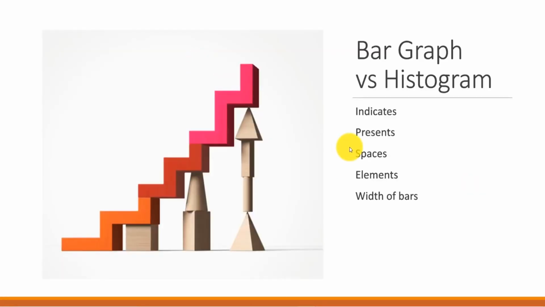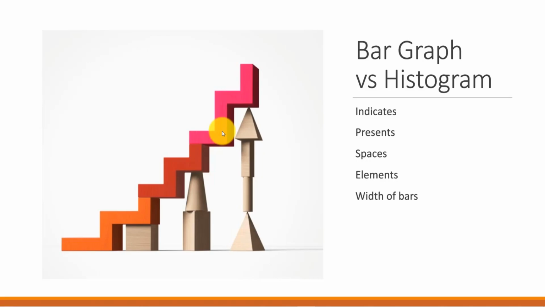So now we will discuss some differences between a bar graph and a histogram on the following basis. Firstly, we will discuss the histogram. After that, I will compare it with the bar graph. On the basis of what it indicates, a histogram shows the distribution of non-discrete variables, but a bar graph shows comparison of discrete variables.